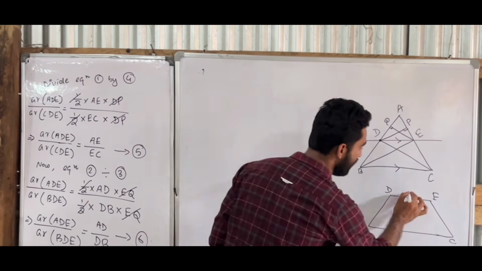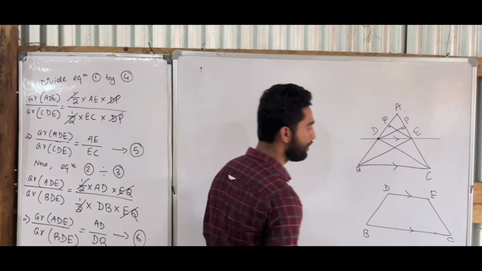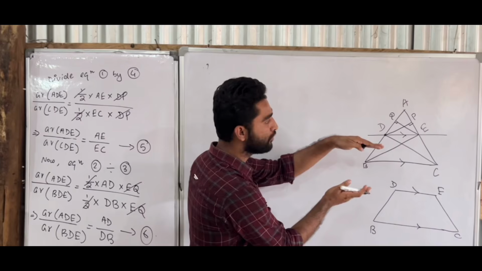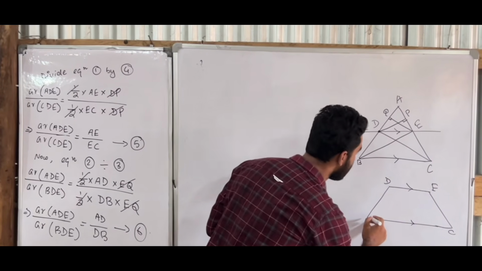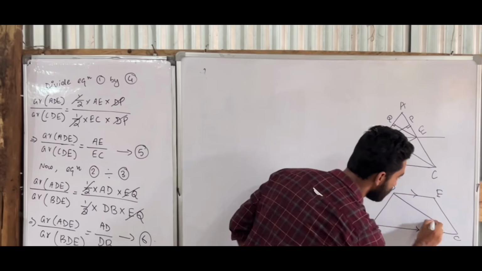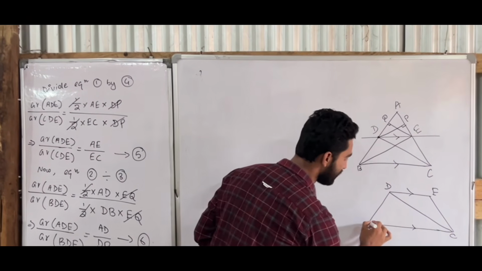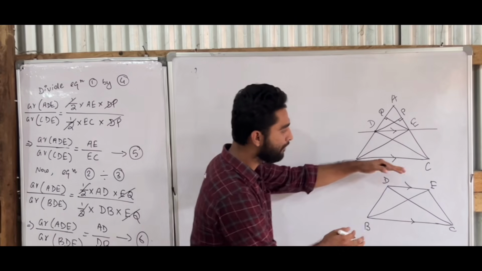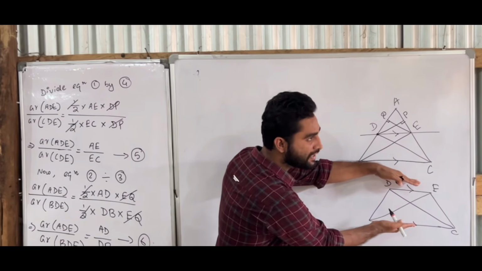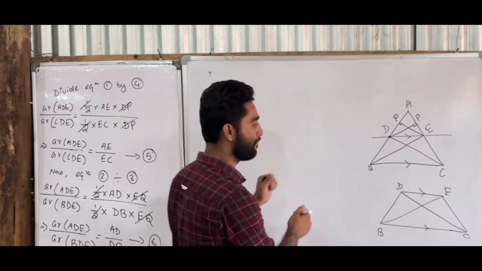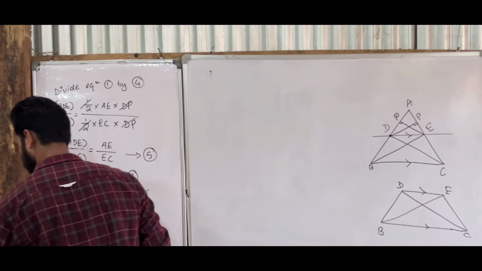In this quadrilateral, this line and this line are parallel. And between these two parallel lines, two triangles lie. One triangle is CDE and another triangle is BDE. And we know one concept that if two triangles lie between the same parallels, then their areas must be the same.